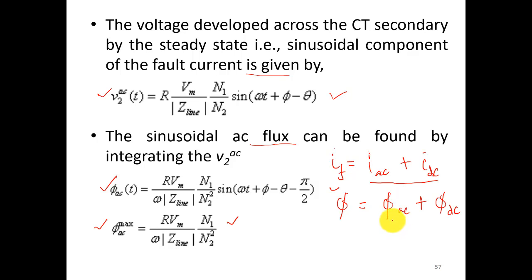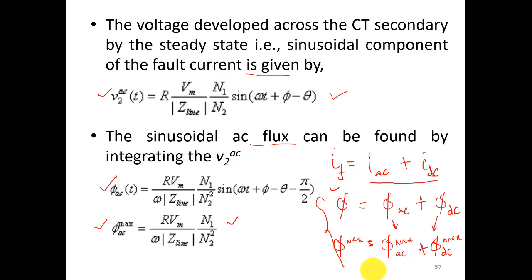Now both of these fluxes will have two maximum components. One is phi AC max, the other one is phi DC max. So now this will give us the phi max, that is the maximum phi, and in fact this will lead to the core saturation.